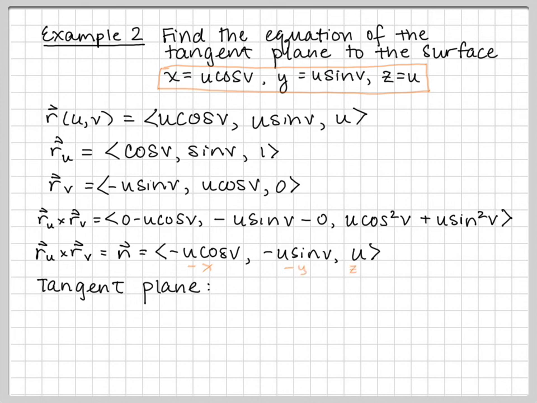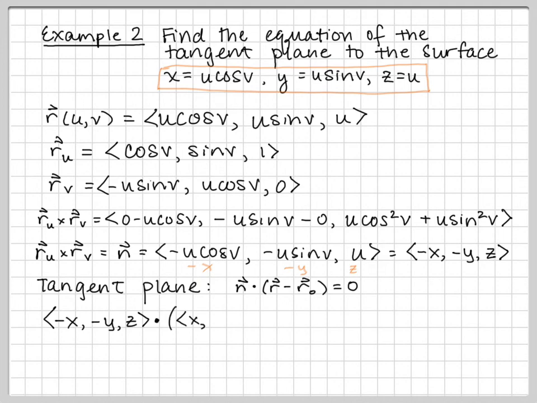So my normal vector is negative x, negative y, z. Okay, so that means my tangent plane is negative x, negative y, z. Remember, this is normal vector dot r minus r sub 0 equals 0. So dot some arbitrary point x, y, z minus wherever my r sub 0 is, which I'll just call x sub 0, y sub 0, z sub 0.